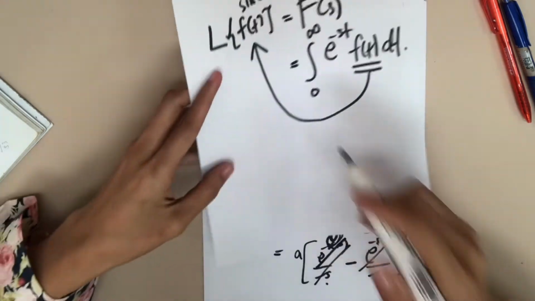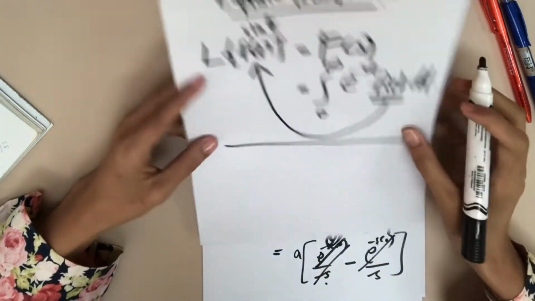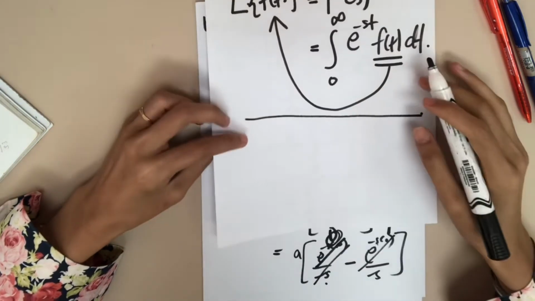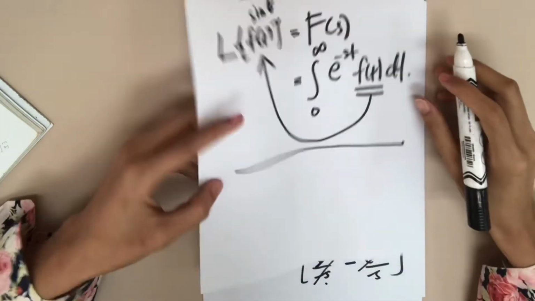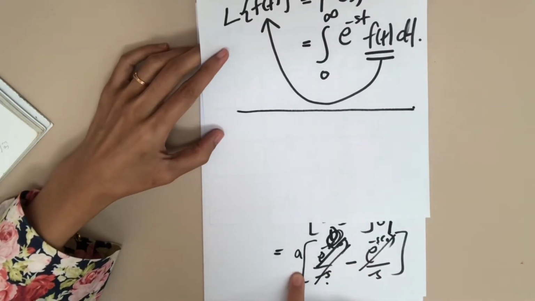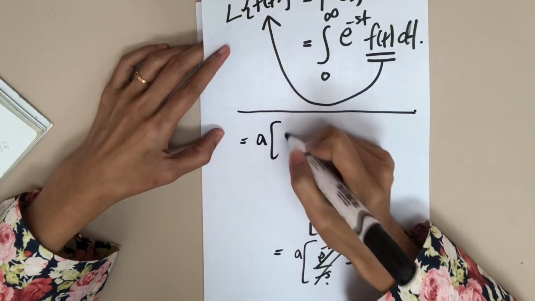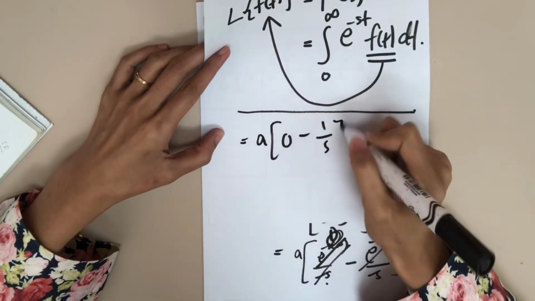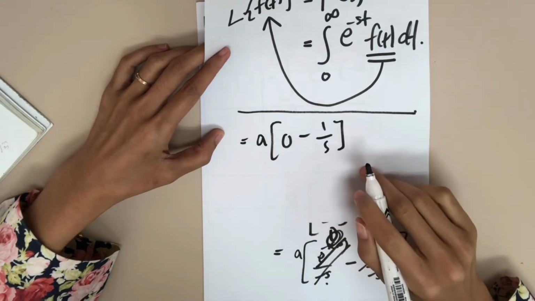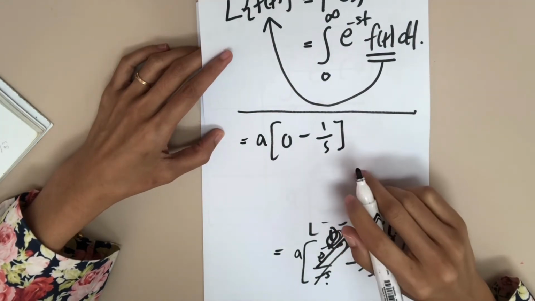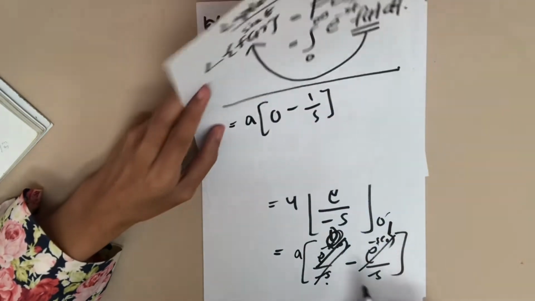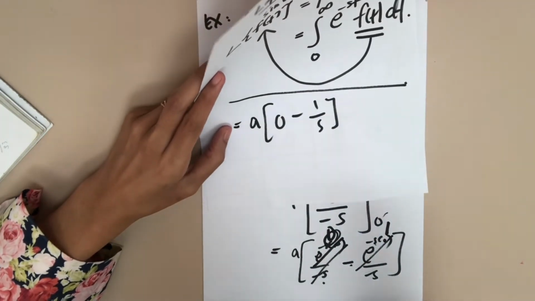I just want to fully utilize the space here. So the first term here is 0 and here is negative. 0 minus 1 over s, this is how we write it. Minus here, and s is also negative.